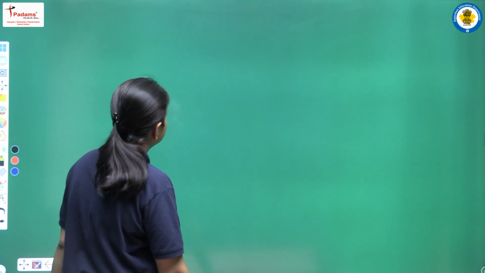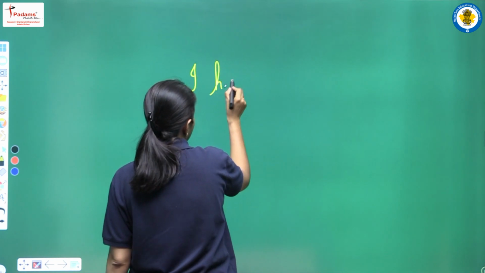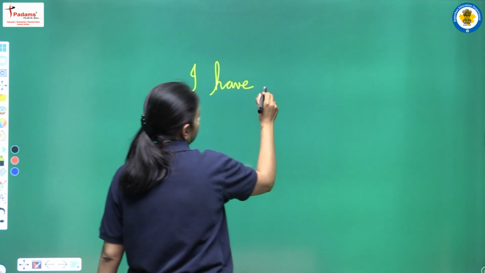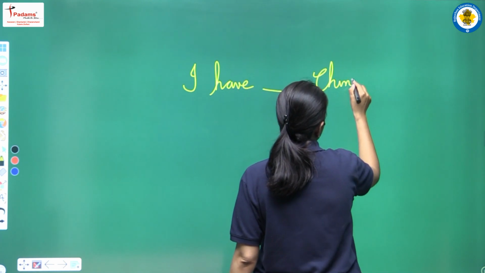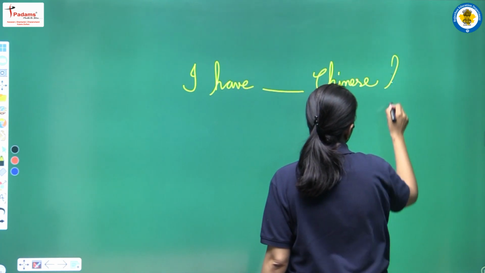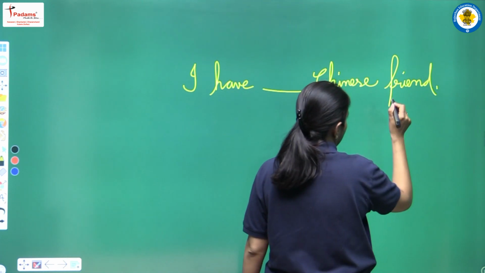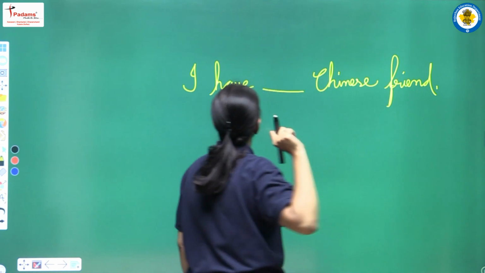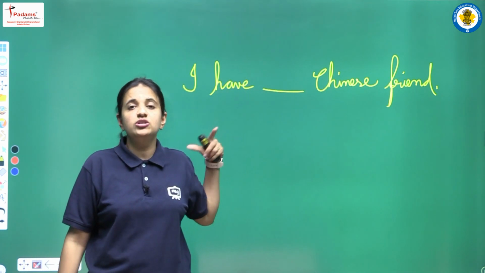Suppose I have one sentence: I have blank Chinese friend. So now the sentence is I have Chinese friend, and in this blank we have to use an article.